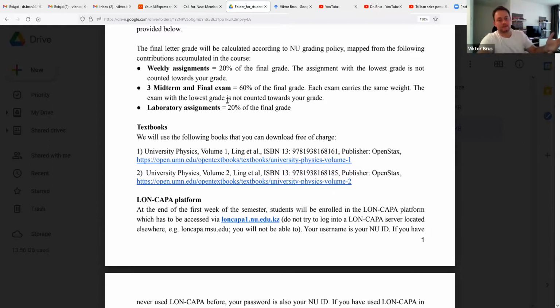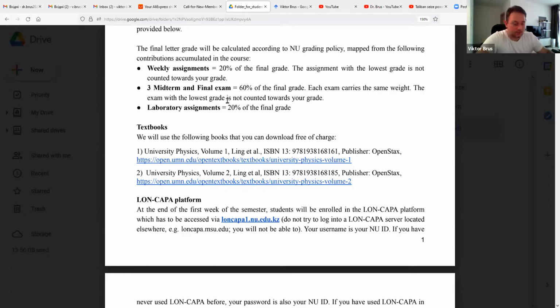Of course, it takes time, and this time could be spent more efficiently addressing questions from students related to physics, not technical mistakes in the solution. So be very careful with this.